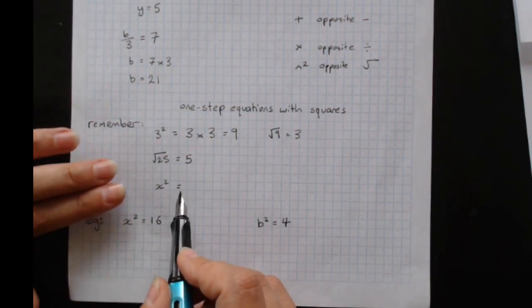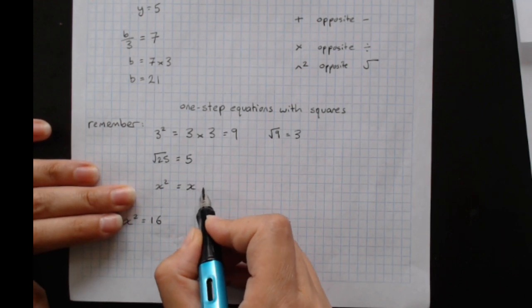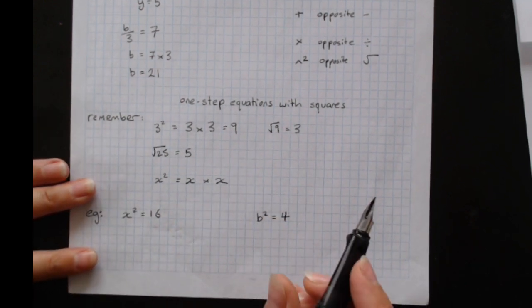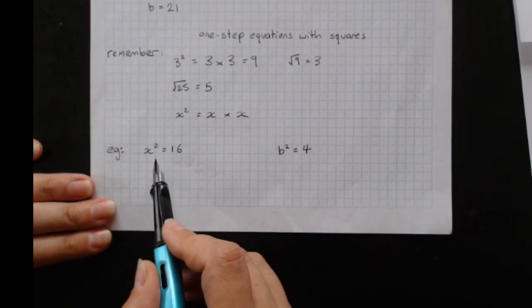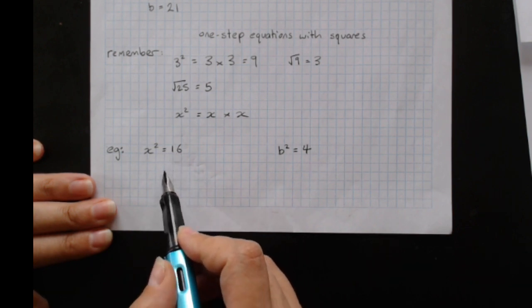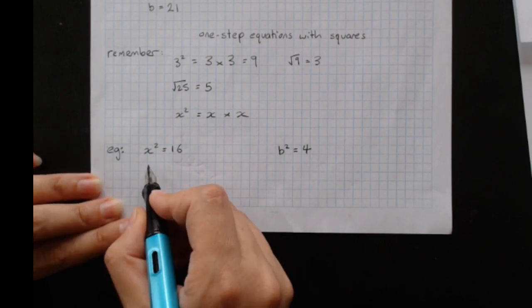And of course we can square a letter as well. x squared is just x times x. So we can have equations with squares in them. x squared is 16. But when we solve an equation, we need to find out what x is.